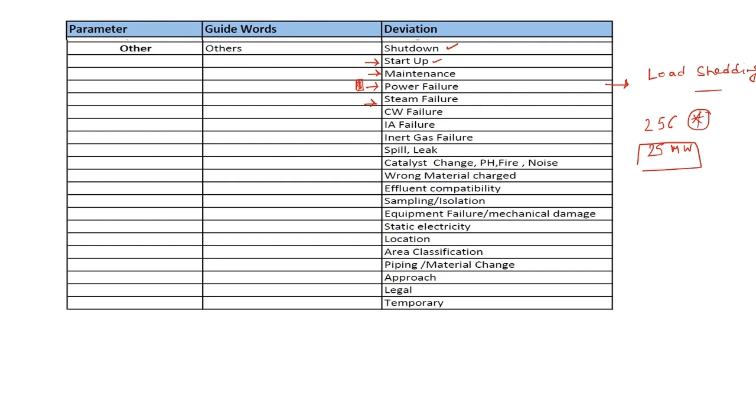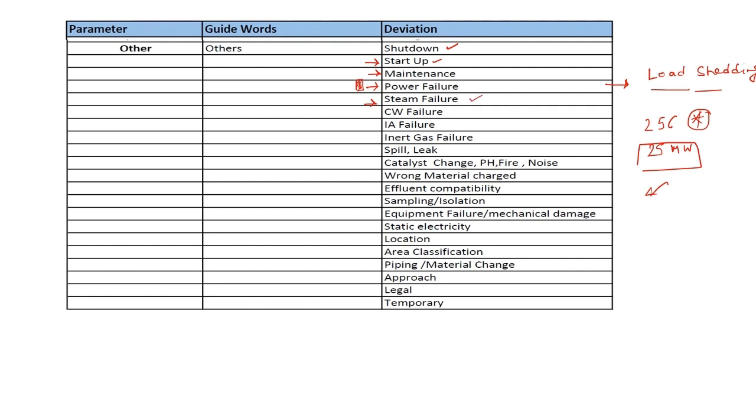So now you have only 25 megawatt available. So within this 25 megawatts, which pumps you want to run, which compressors you want to run. You want to run the critical things which may not cause you a safety hazard. So for that you need to have a load shedding scheme. A similar situation applies to the steam failure.